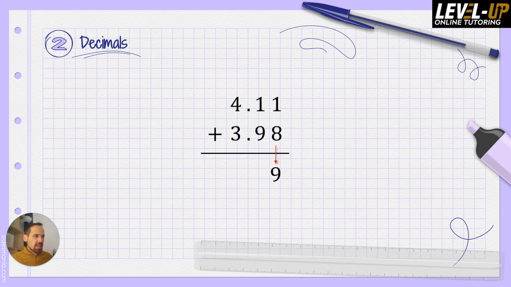And then we just do the same algorithm that we did before: 1 plus the 8 is 9, 1 plus the 9 comes to 10, but we're carrying that 1, 4 plus the 3 is 7, plus the extra 1, sorry, comes to 8. And then we put that decimal point in the same place. So we get 8.09, and there you go.